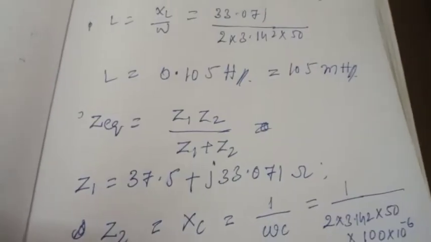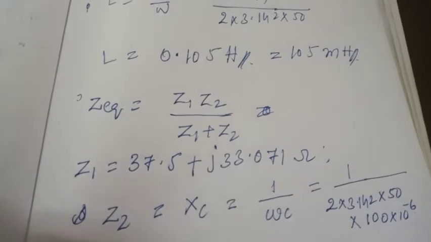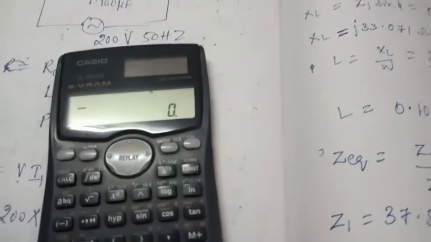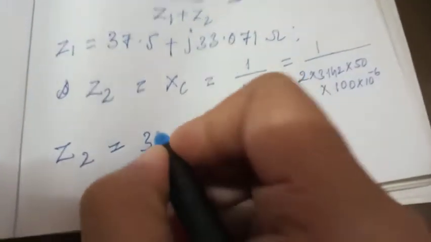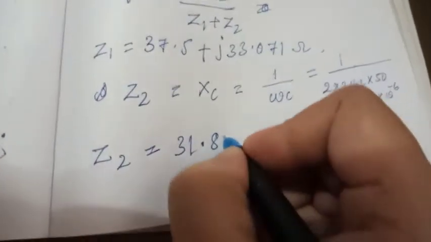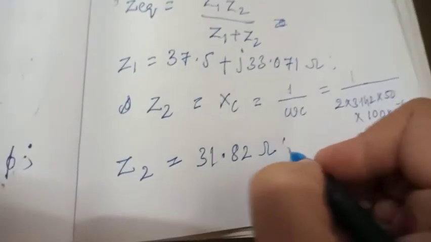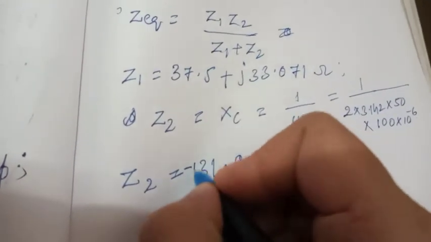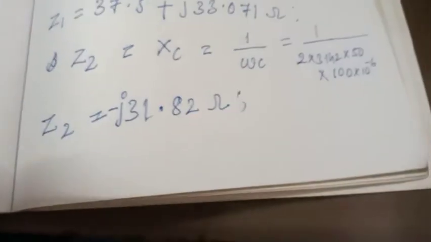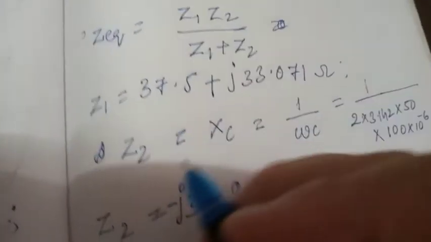If I do that with the calculator, Z2 will come around 31.826 ohm, minus j. Why? It is capacitive, that's why minus j.